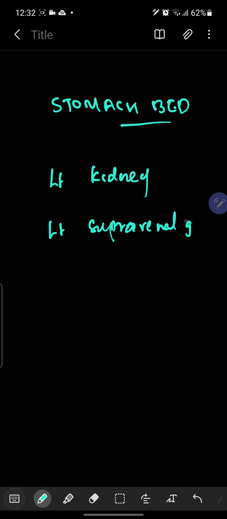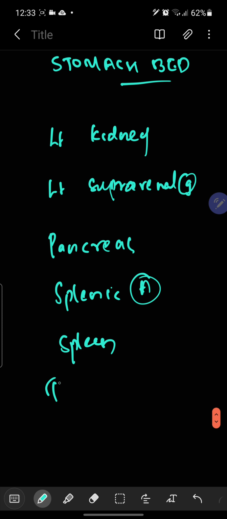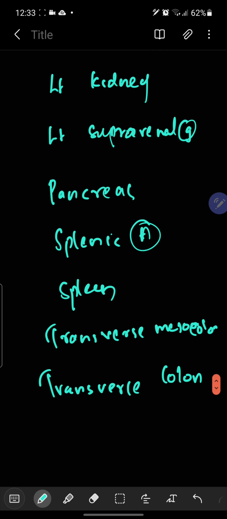In the posterior part of the stomach there will be the left kidney, left suprarenal gland, pancreas, then splenic arteries and the spleen, transverse mesocolon, transverse colon and the diaphragm.